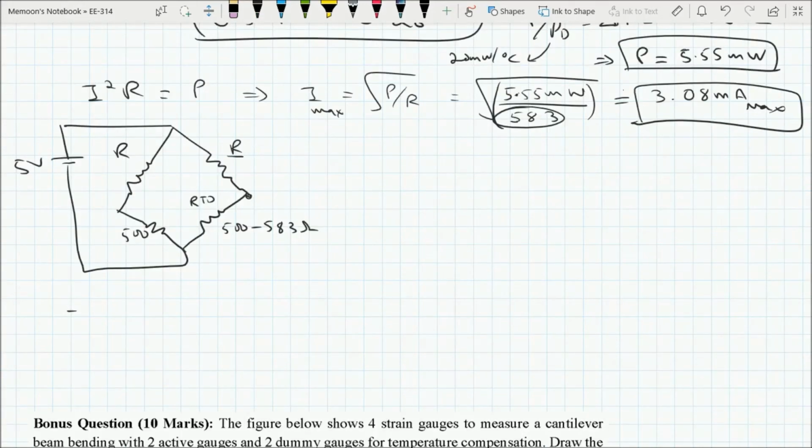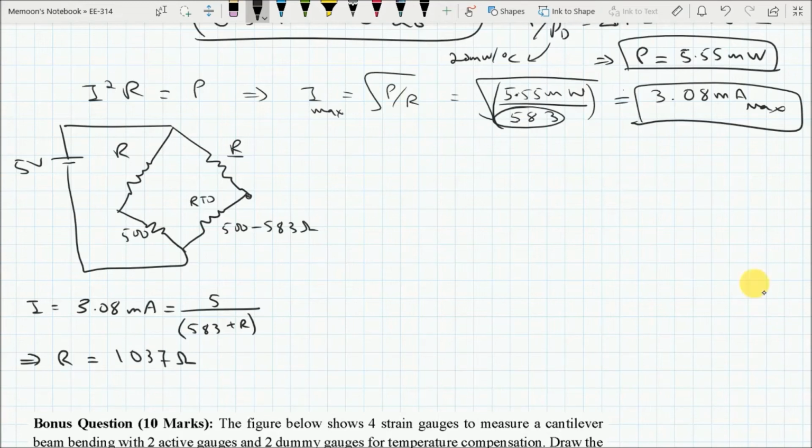We can simply use I equal to 3.08 milliampere is equal to 5 over 583 plus R, and that will give you R equal to 1037 ohms. So both of these two R's are 1.037 kilo ohms.